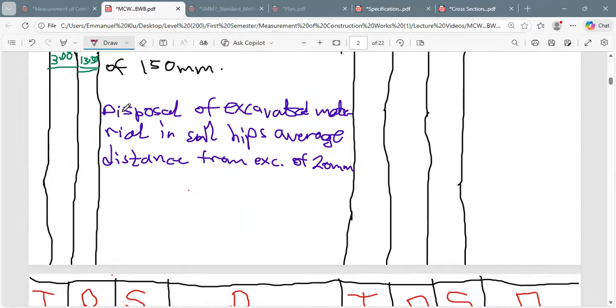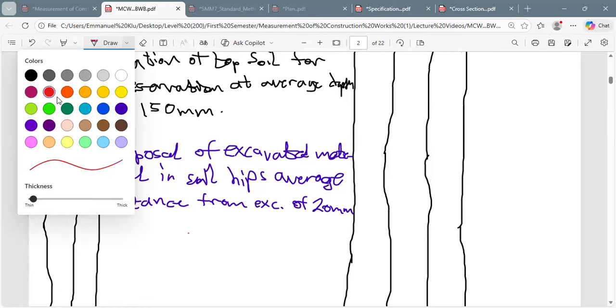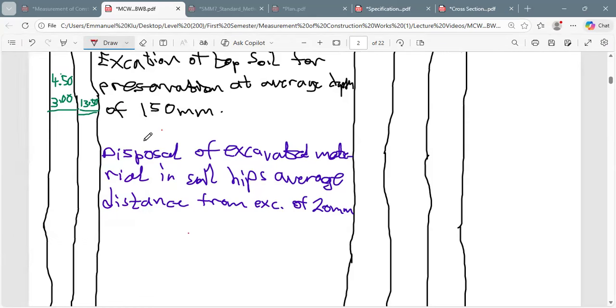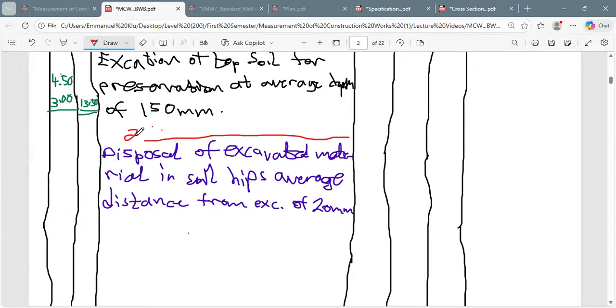Since disposal of excavated material, we spoke about it in the takeoff sheet. So if I draw a line over here, I can put it over here as, let me say, this can be our two, and then the two is, let me say, disposal of excavated waste, so that you don't get confused too much.